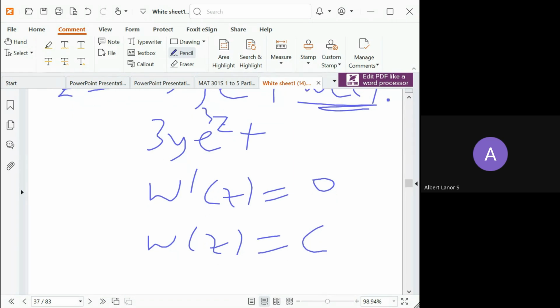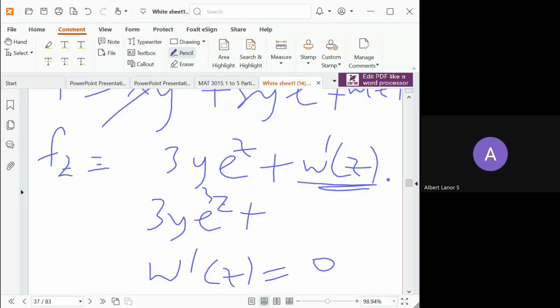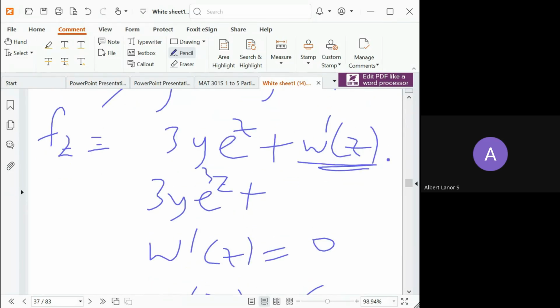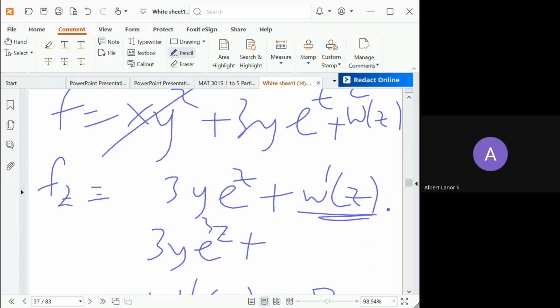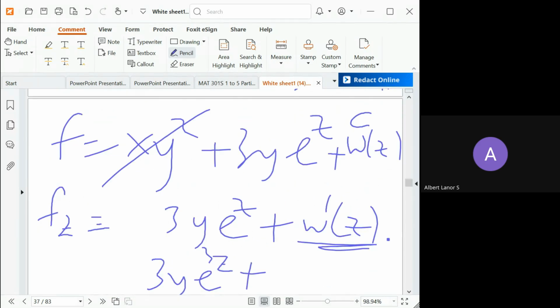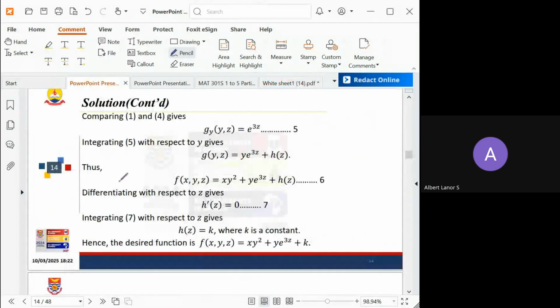So I'm going to substitute this constant for the w, so that the w is c. My f is going to be xy squared plus y e^(3z) plus a constant c. Okay, so that is the expected.